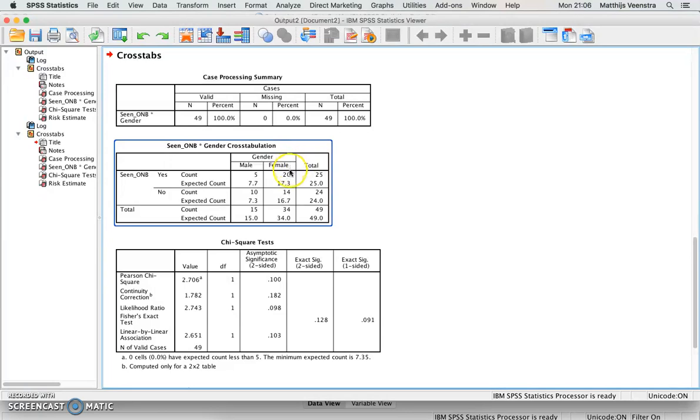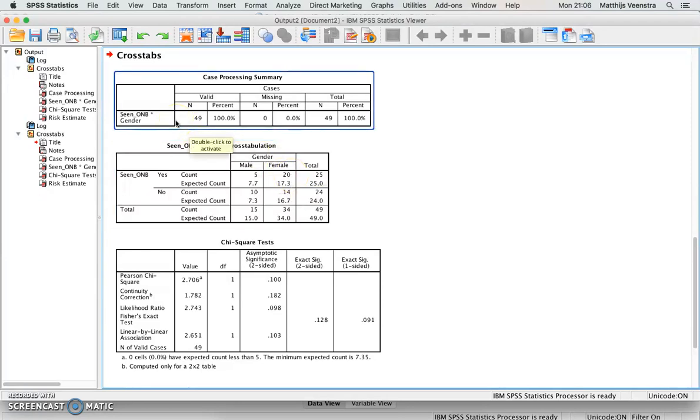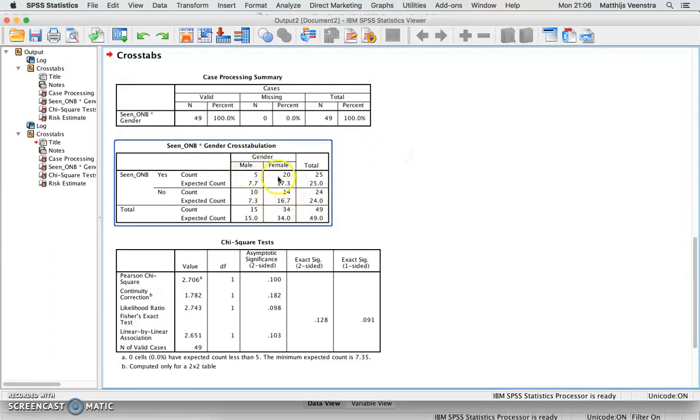So it looks like that in the yes category females are overrepresented. Of course, we've only measured 49 people, so we want to know actually what the chances of finding this data are if in reality we were wrong. So we would kind of expect it to be equally distributed. The gender doesn't really influence whether you've seen something or not.